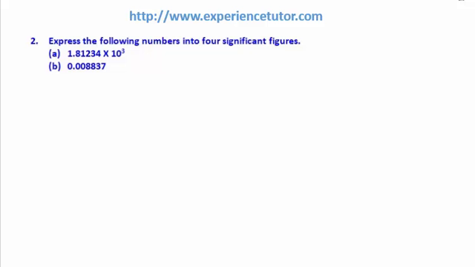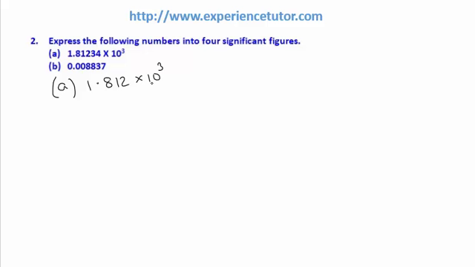Next question. Express the following numbers in four significant figures. So the answer to the first question A will be 1.812 times 10 to the power 3. Why? Because the fifth number 3 is less than 5.